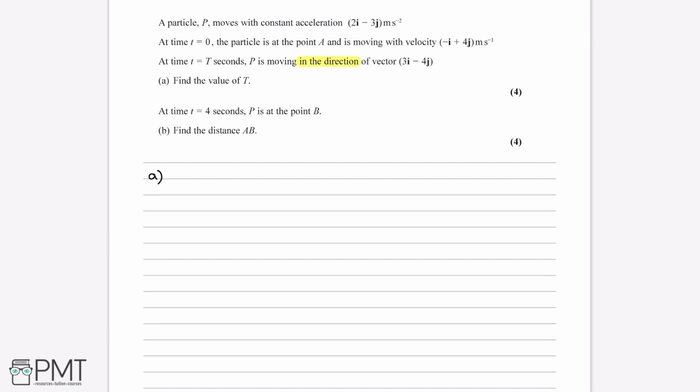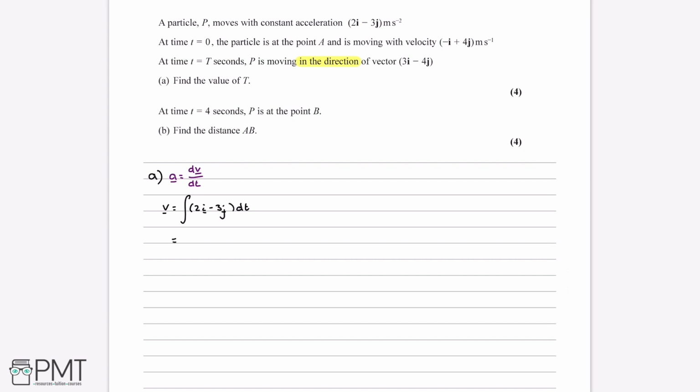To find the velocity of the particle P, we've got the expression for acceleration, and we know as a general rule that the acceleration of particle P is equal to the derivative of the velocity. Therefore, if we reverse this, velocity must be the integral of acceleration, which is 2i minus 3j, dt.